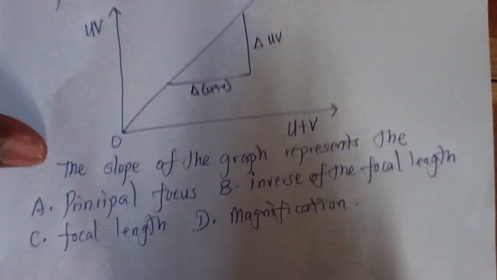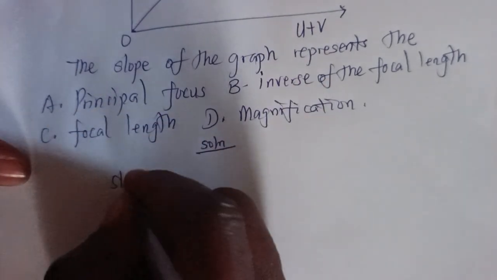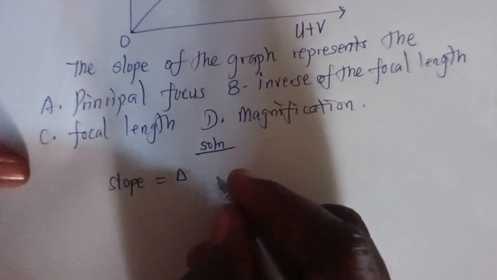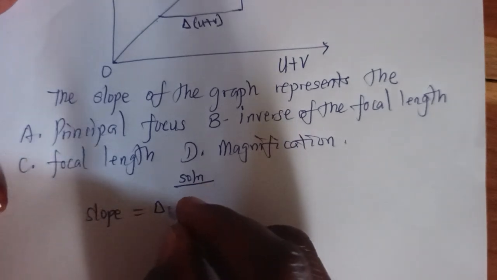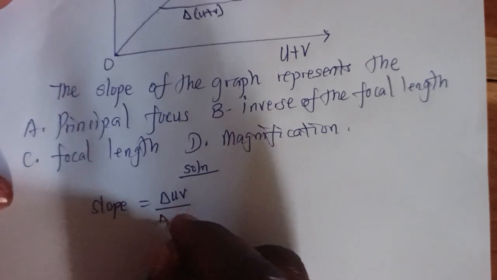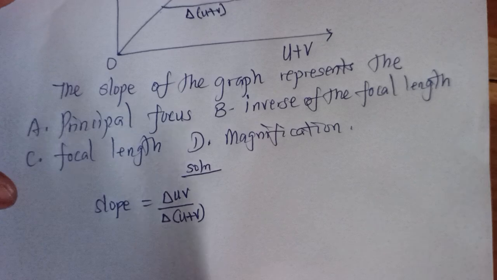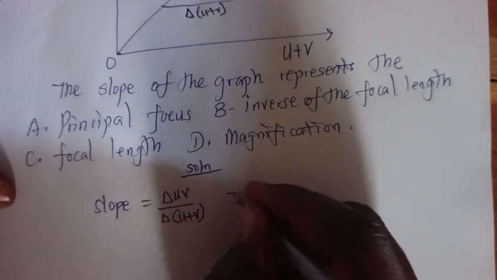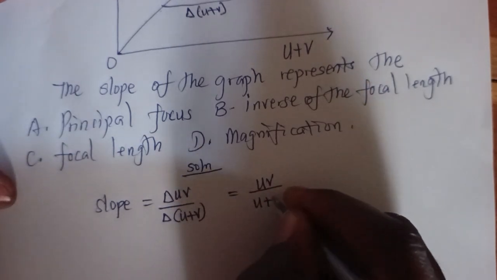So now the slope of any graph equals the change in the vertical axis divided by the change in the sum of the object and image distance on the horizontal axis. Now in this case, we have uv divided by u plus v.